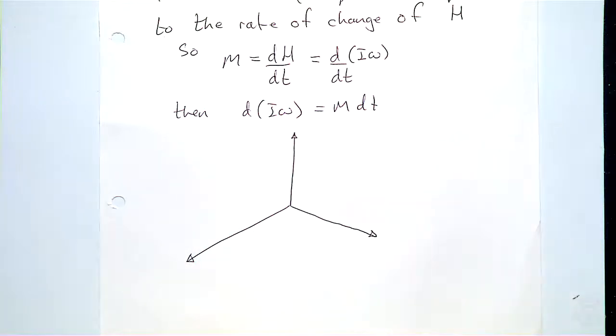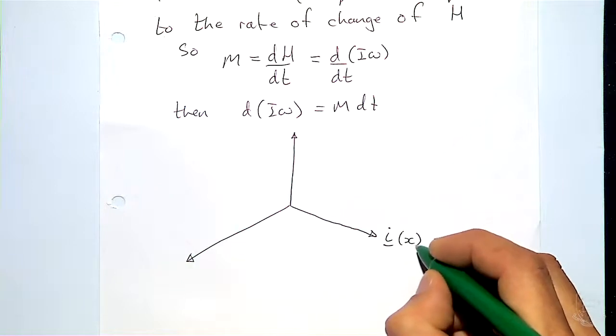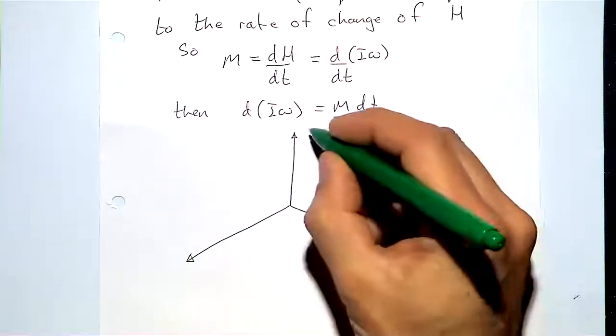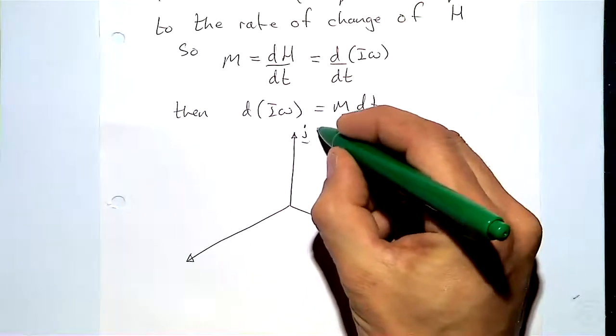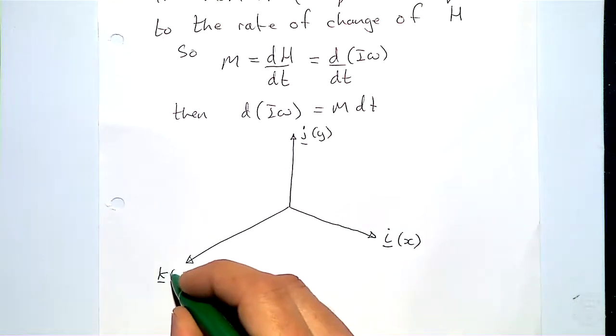We're going to have i, which is the x direction, along here, j upwards, which is the y direction, and k along here, which is the z direction.